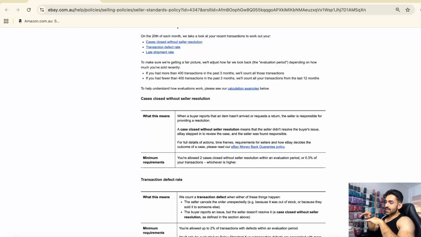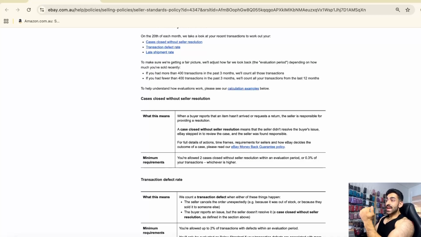And if you're on the border of the transaction defect rate, let's say your transaction defect rate is 0.50, if you cross 0.50, right? The reason it's 0.50 is because for transactions you cancel for being out of stock, as you saw up there, the minimum threshold is 0.3%.